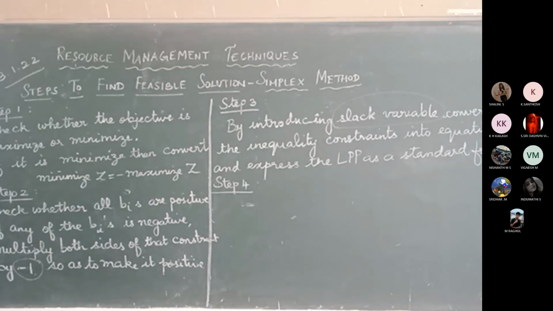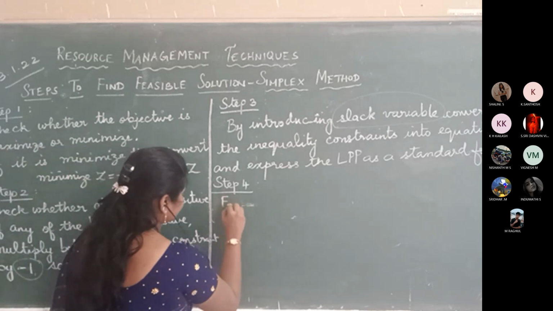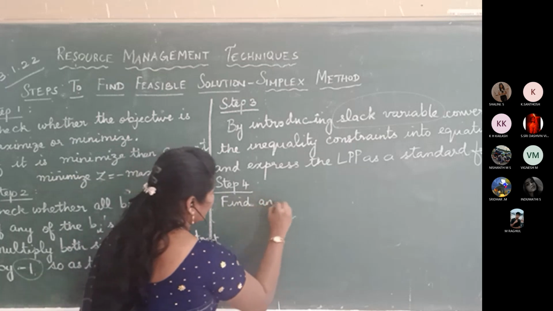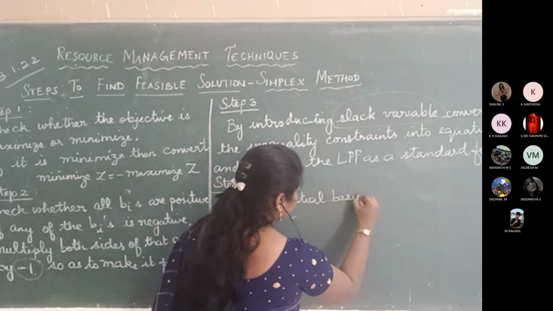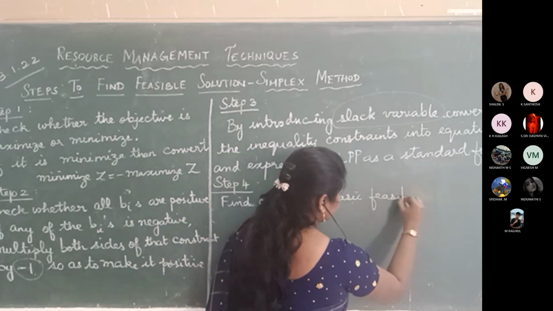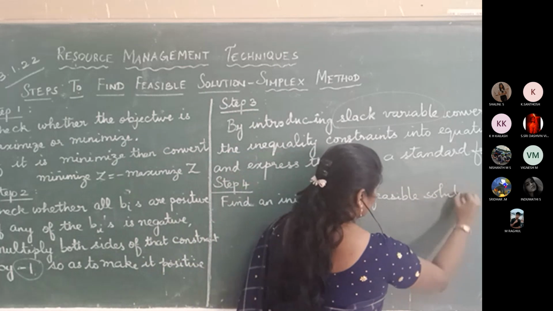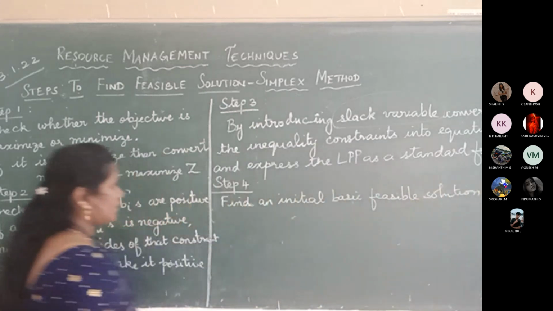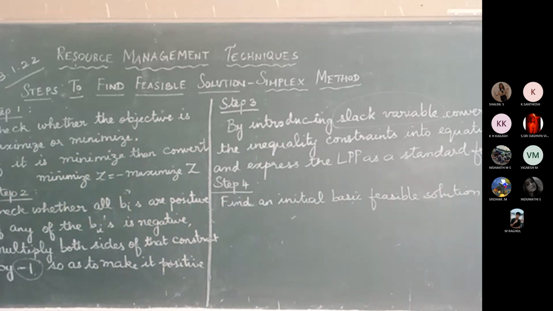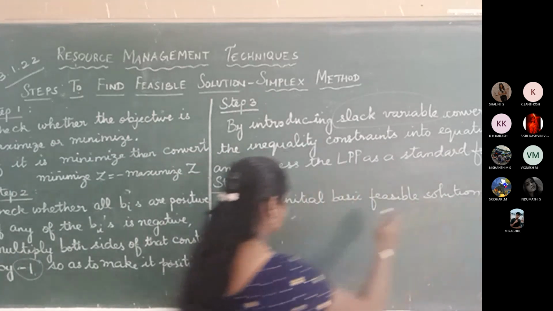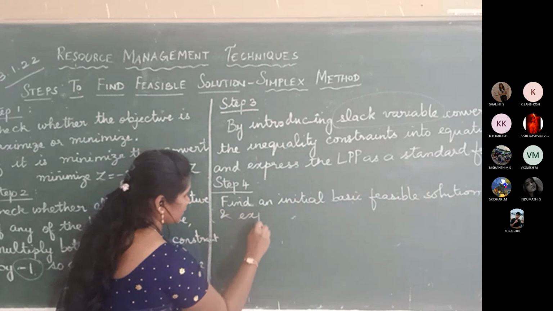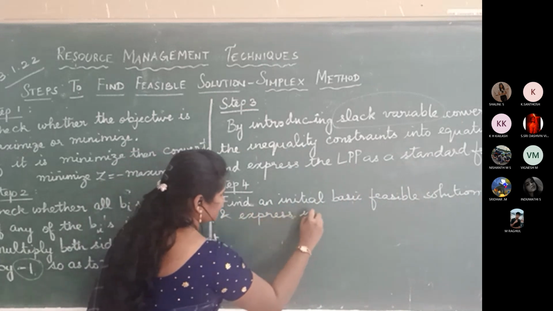So your step 4. Find an initial basic feasible solution and express it in the following table.